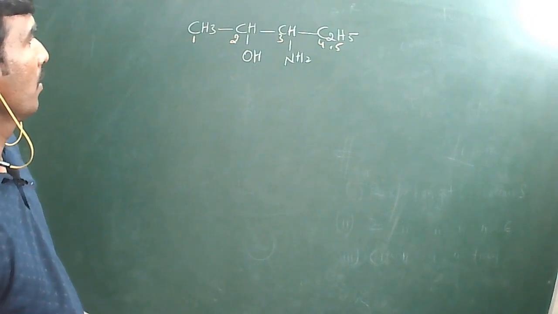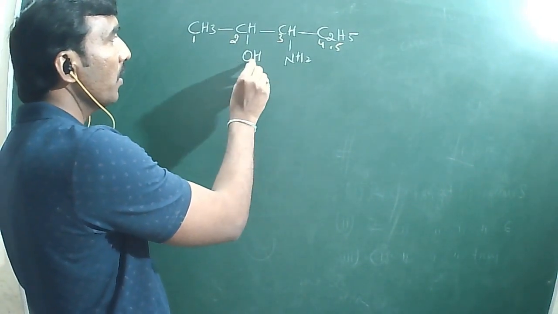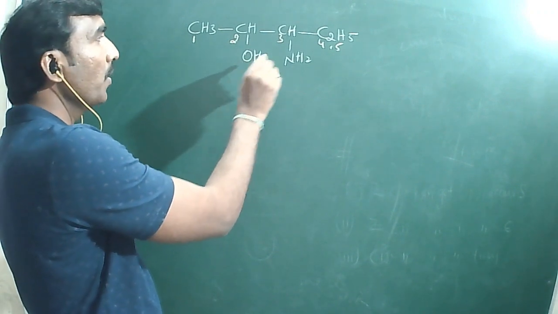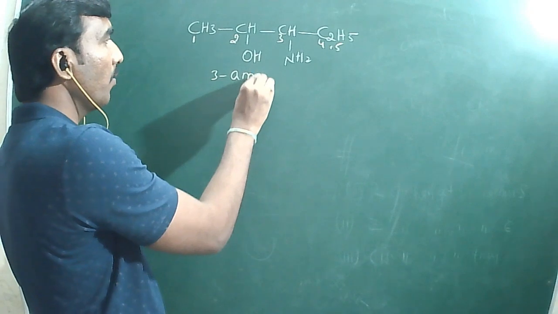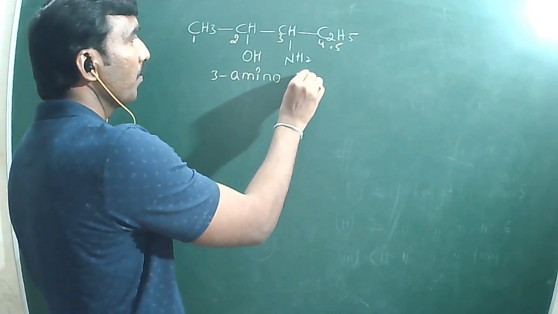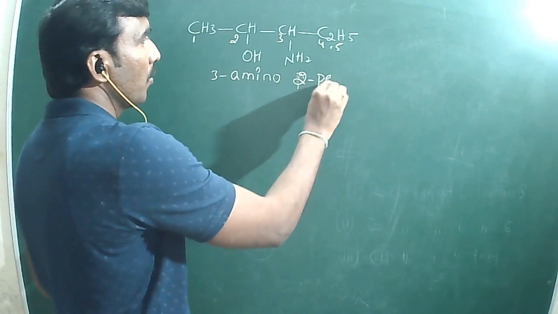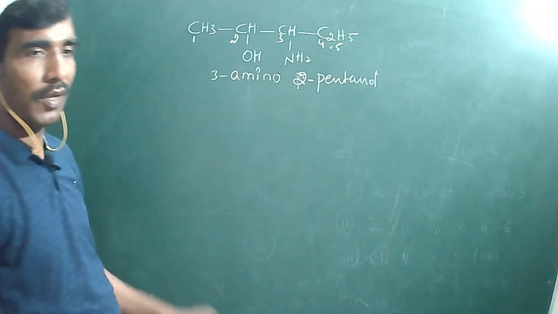So what is the name of the compound? Actually OH and NH2: alcohol is the more pure functional group and the amine is a substituent. I can say that it is 3-amino-2-pentanol. So that is the IUPAC name of this compound.